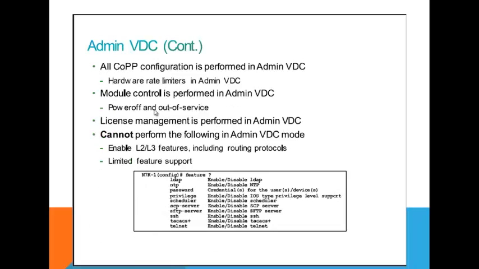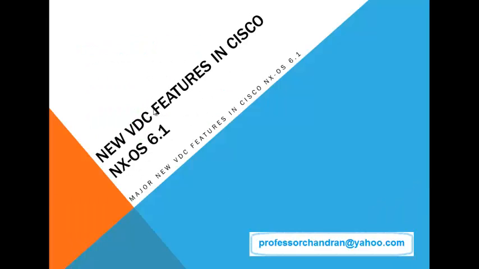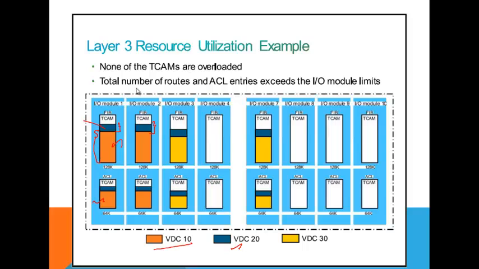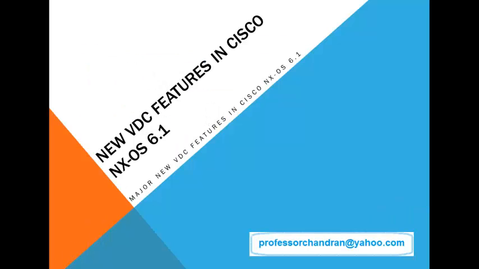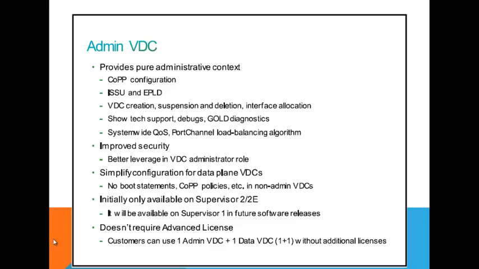Now we will see the practical, the configuration part of this, in a few minutes. Before that, we have a few additional features that have been added from the 6.1 version onwards. Let's see that. We don't call VDC1 the default VDC anymore.